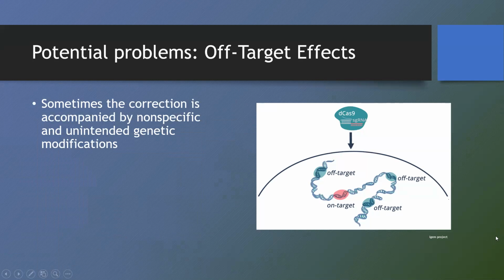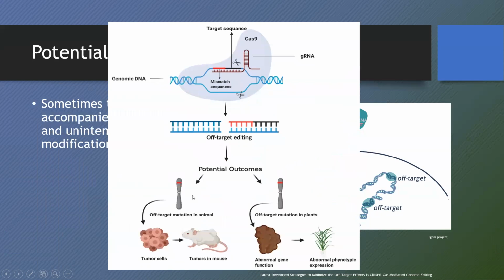Maybe you would like to fix things here, but accidentally you might influence this area, this place, and this section. The consequences are serious and cannot be ignored. Potential outcomes include tumors in animals and abnormal phenotypic expression in plants. Neither of them is what we wish for or would be willing to embrace.